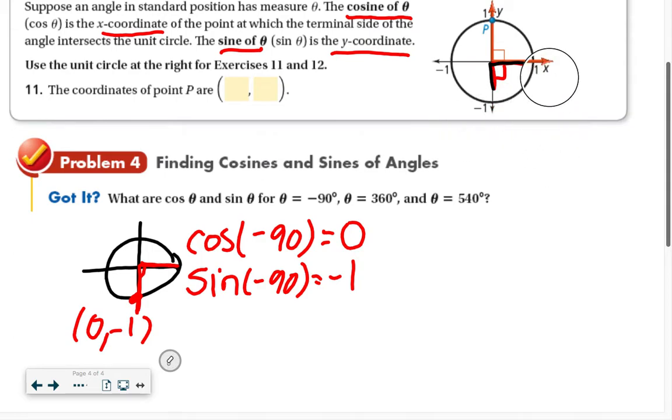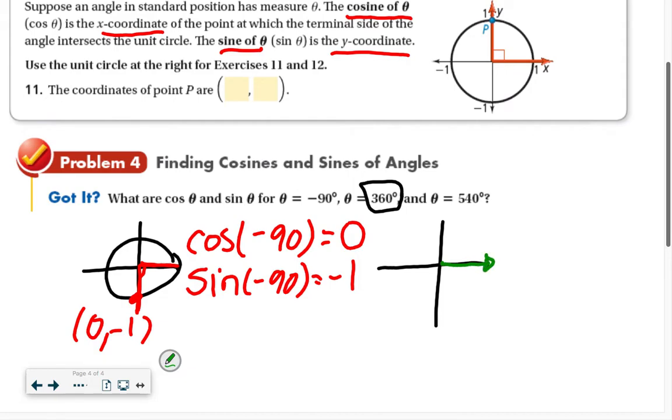Okay. Let's draw our standard. We've got to find 360 now. Where is 360? All the way around. It's the same as what? 0. So that's like if I'm just right here and don't move.